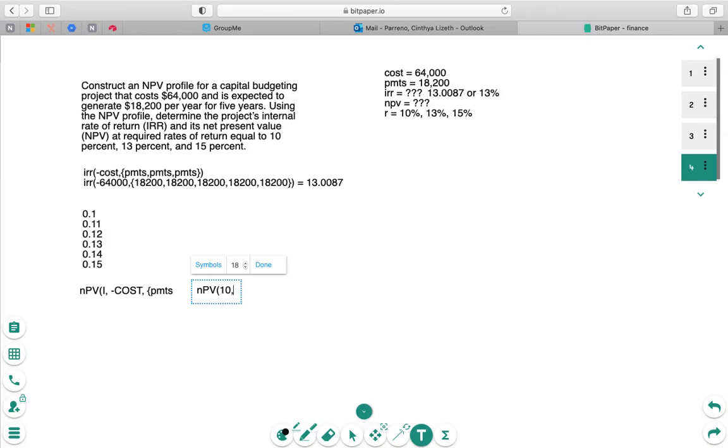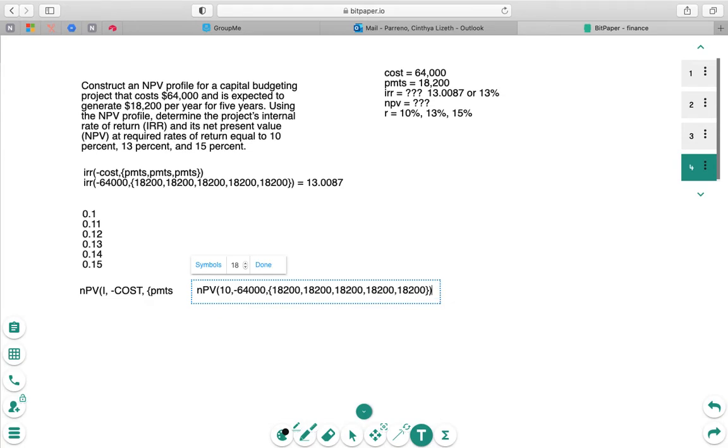So it's 10, comma, negative 64,000, comma, bracket, 18,200, comma, 18,200. Make sure your commas are there, and always double check that you're doing the right amount of payments, and your brackets.